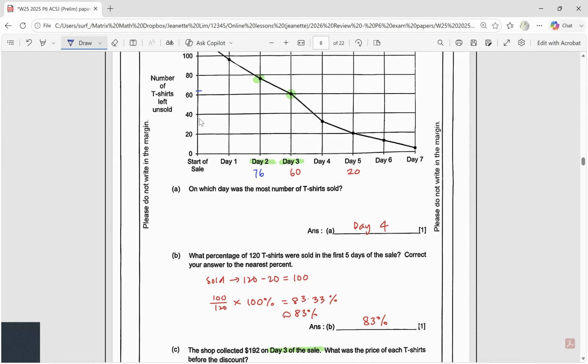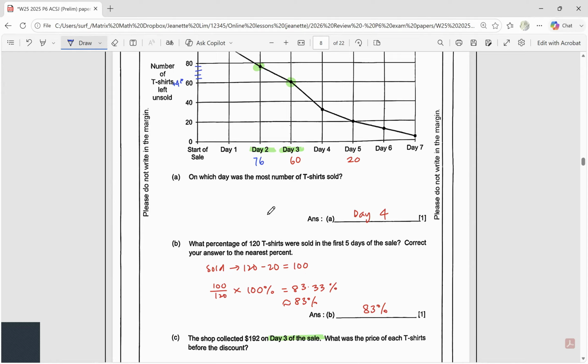So 4 lines, 1, 2, 3, 4. If it's like that, every increase is plus 4, then this would be 76. Again, I'm saying that assuming the lines are drawn, but you can't get 76 if the lines are not drawn. So I'm assuming that the lines are drawn.